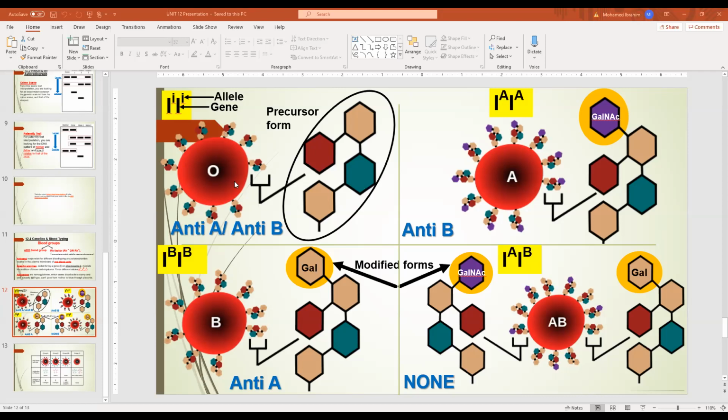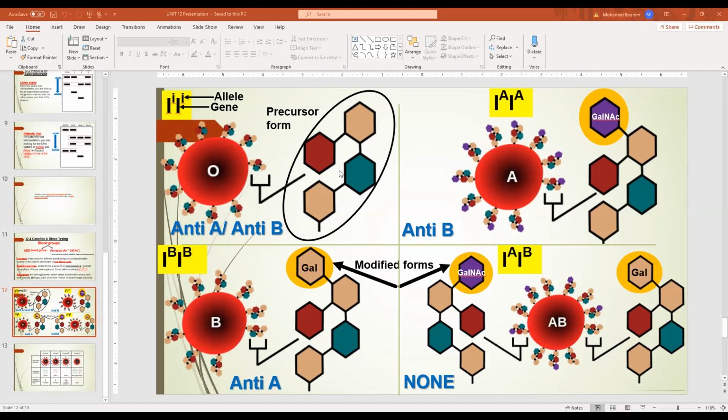Blood type O, for example, has only the precursor sugar, an oligosaccharide made of four monosaccharides only. This is common in all blood types; we call it the precursor. Everybody has this. If you are O or A or B or AB, your blood cells have this precursor.